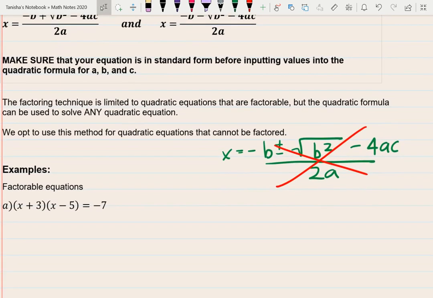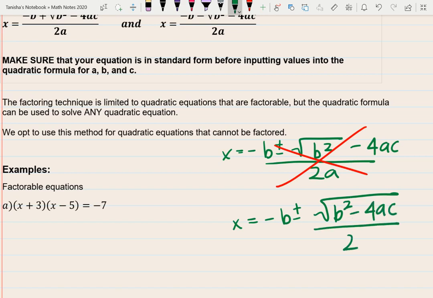Another way that students write this equation to confuse themselves is they write x equals negative b plus or minus the square root of b squared minus 4ac over 2a. So they will write the negative b plus or minus the square root of b squared minus 4ac, but only divide that square root part by 2a, leaving that negative b out, or not being divided by the 2a, which again is incorrect.